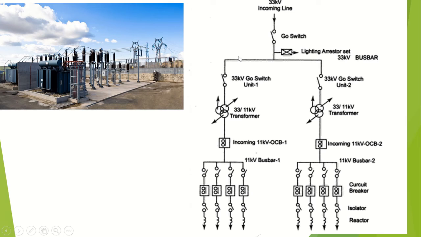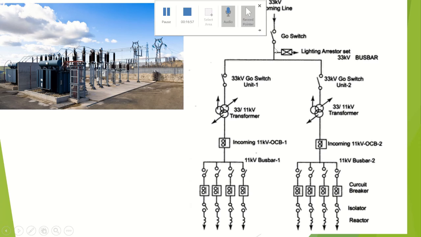So this is the typical layout of the 33 kV substation. In the substation, so much protective gear is there, like lightning arresters, surge arresters, CTs and PTs for measurement of how much power is coming and how much power is going.